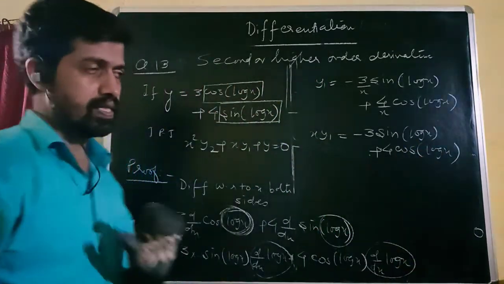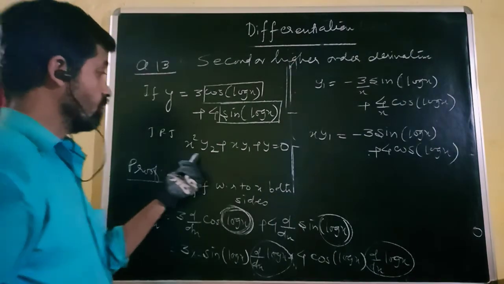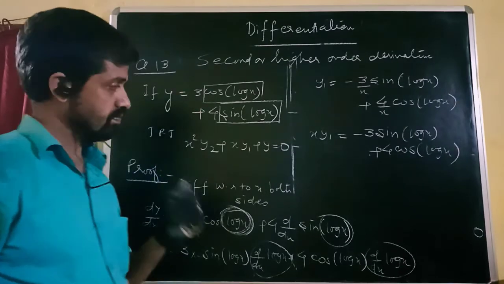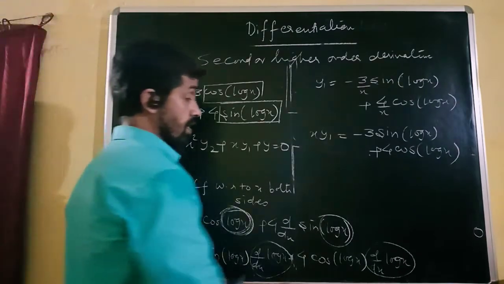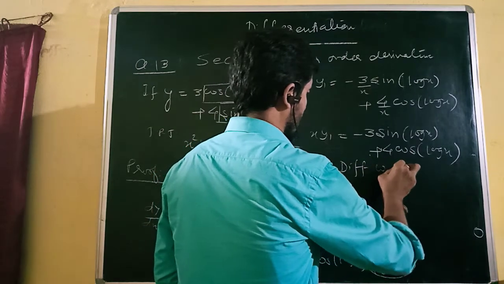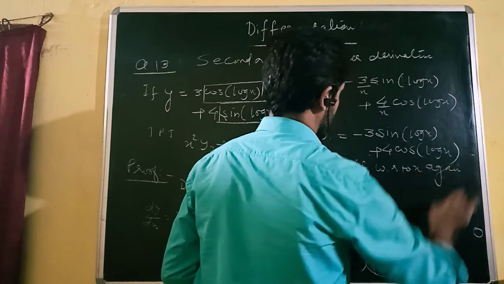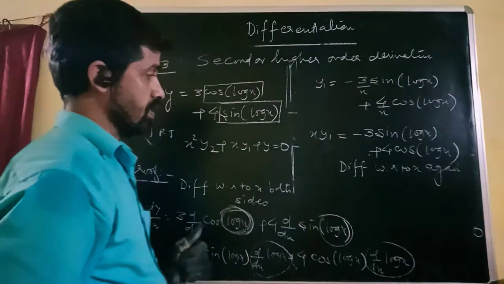This will be easier for us. Now since we have to go for the second order derivative, again differentiation is required, so we differentiate with respect to x, again both the sides.